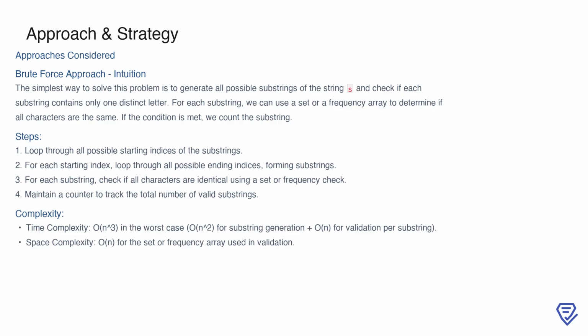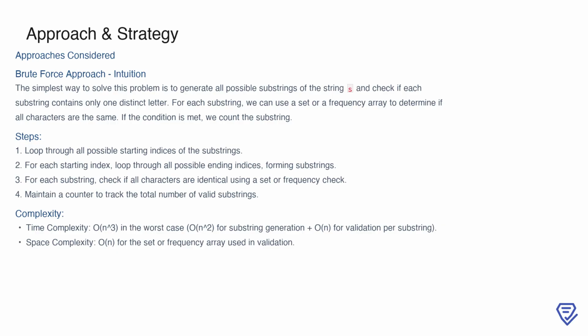To achieve this, we would loop through all possible starting indices of the substrings, and for each starting index, loop through all possible ending indices to form every substring. Then, we can validate if the substring contains only one distinct letter using a set or a frequency array. If it meets the condition, we increment our counter to keep track of the valid substrings.